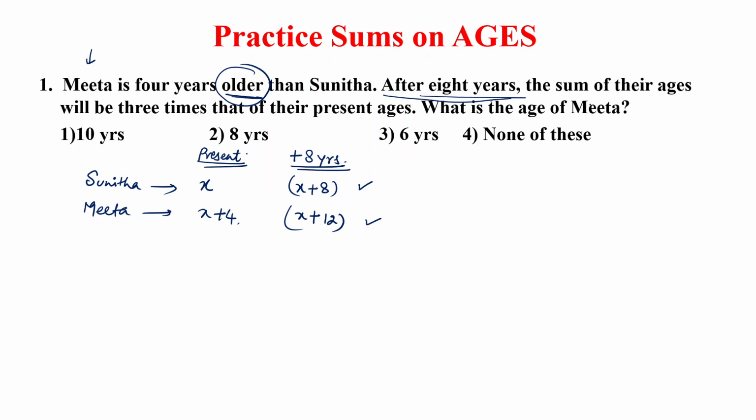After 8 years, the sum of their ages will be 3 times that of their present ages. The sum of these two: X plus 8 added to X plus 12 will be equal to 3 times their present ages, that is X plus X plus 4.